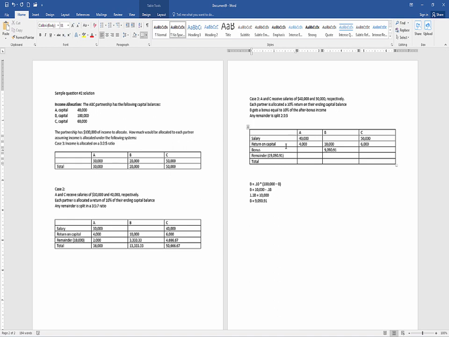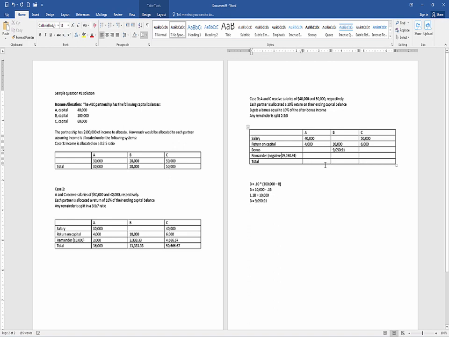And again, that's a negative. Let's go ahead and make that clear. That negative overage is going to be allocated in a 2 to 3 to 5 ratio.